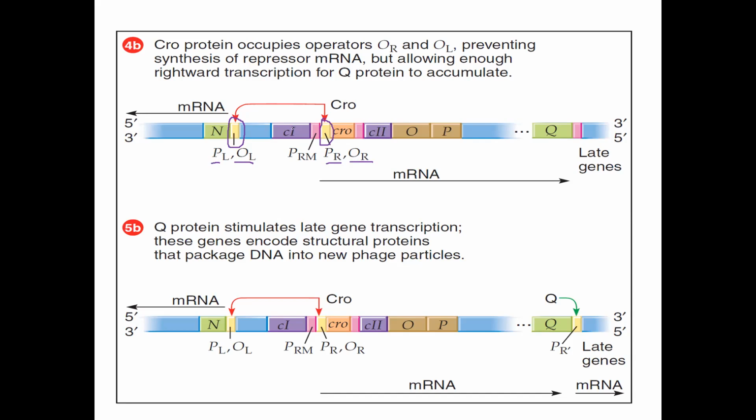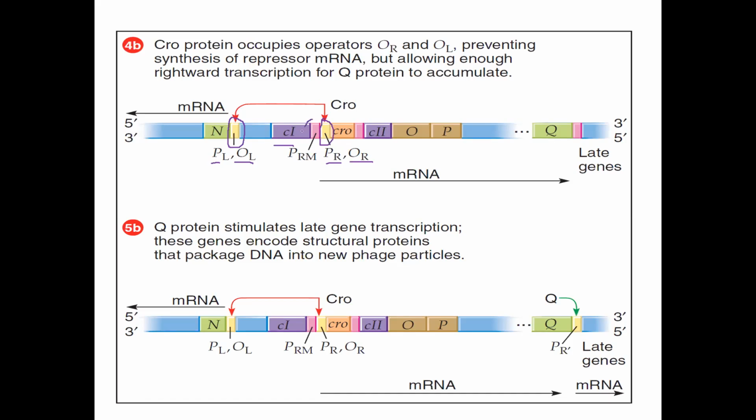CRO will bind to PL and PR. CRO will ensure, CRO only will bind, by occupying operator OR and OL. Now CRO will sit at operator left and operator right. It will reduce the synthesis of C2, and it will also prevent the synthesis of this repressor from PRM.